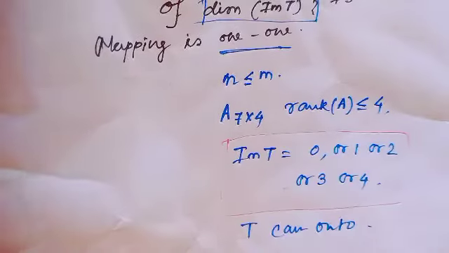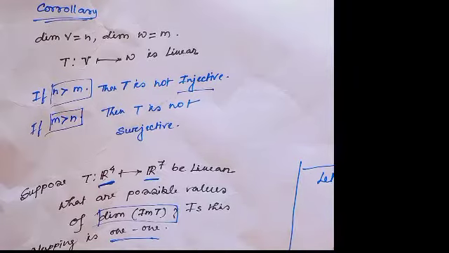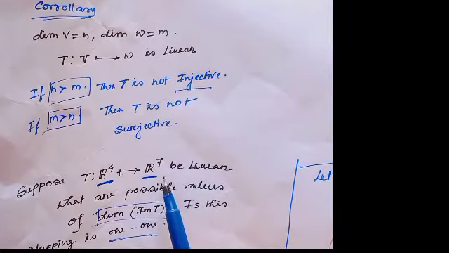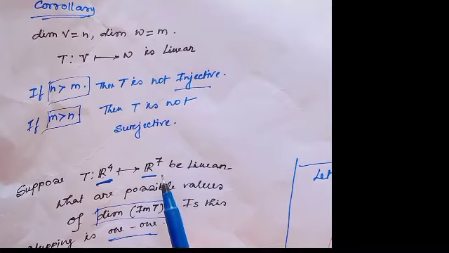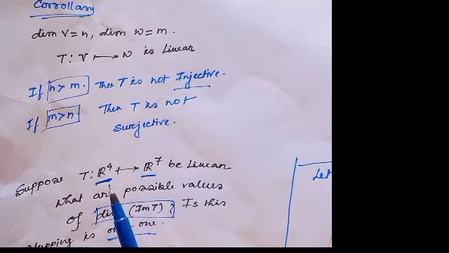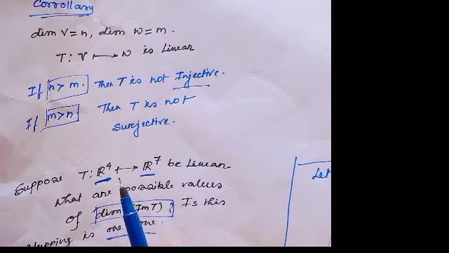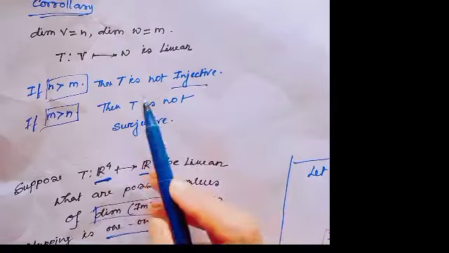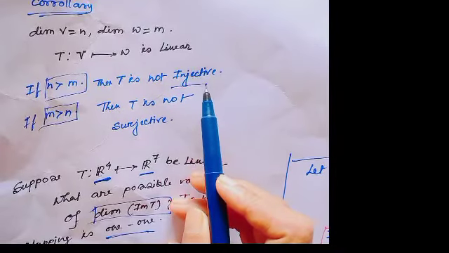Now I will check whether this mapping is 1-1. Here M equals 7 and N equals 4. Since 4 is less than 7, obviously by this formula there can exist a 1-1 mapping.